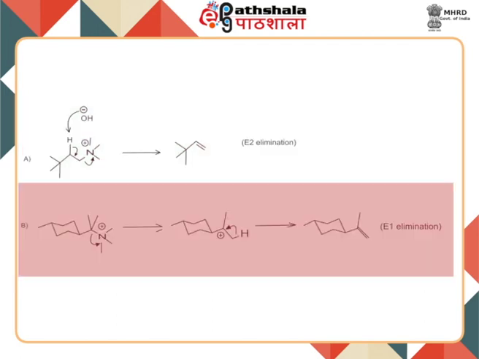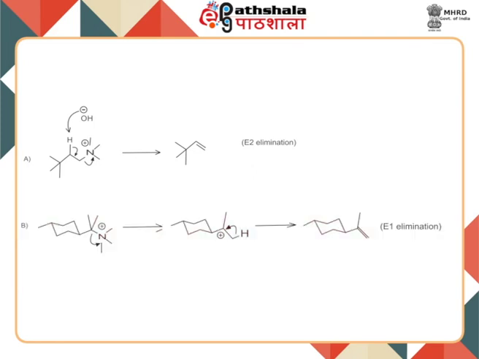However, in the second case, that is B, the formation of a tertiary cation is possible through the removal of the leaving group, and as base is not present, it definitely goes via the E1 mechanism. So, these two clearly show how the nature of the leaving group also helps you determine whether the reaction will proceed via the E1 or the E2 mechanism.